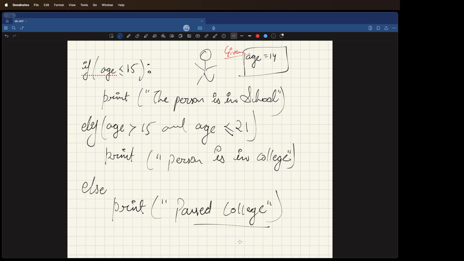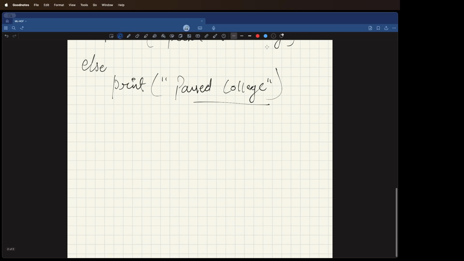So how does this matter? What are we doing here? We are checking one condition. In terms of a decision tree, you can understand it now. The condition is whether age is greater than 15.